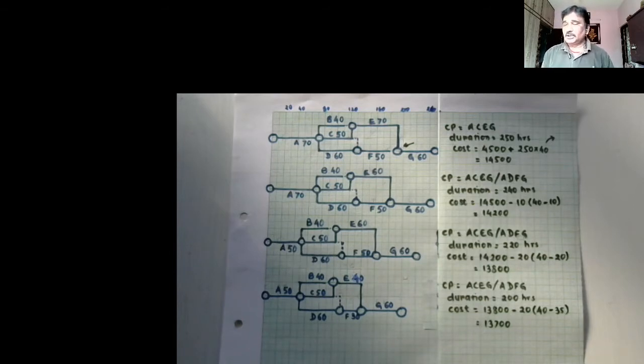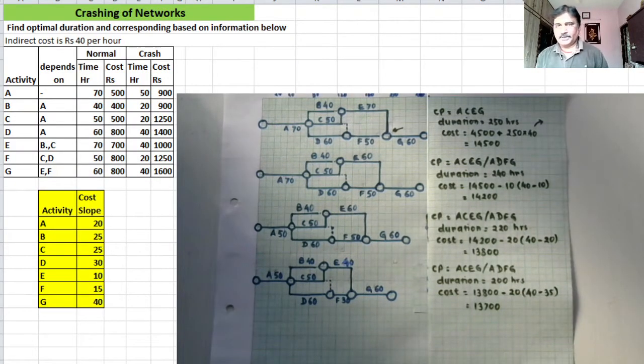Now we'll be interested in finding which activity is to be crashed. You will be keeping two, three considerations in mind while deciding the activity to be crashed. Very first, the activity must be on the critical path, because crashing any other activity, which is not on the critical path, doesn't make sense.